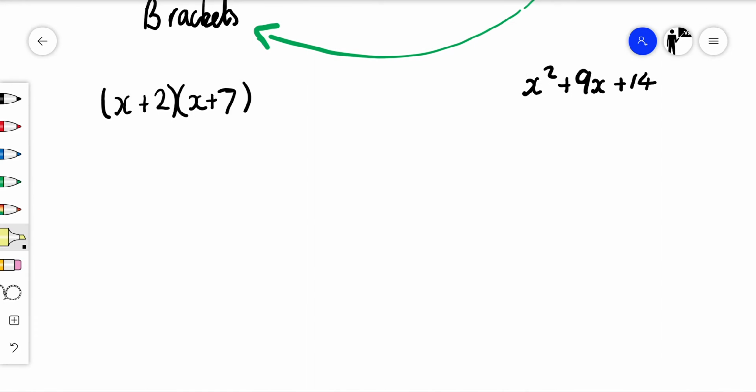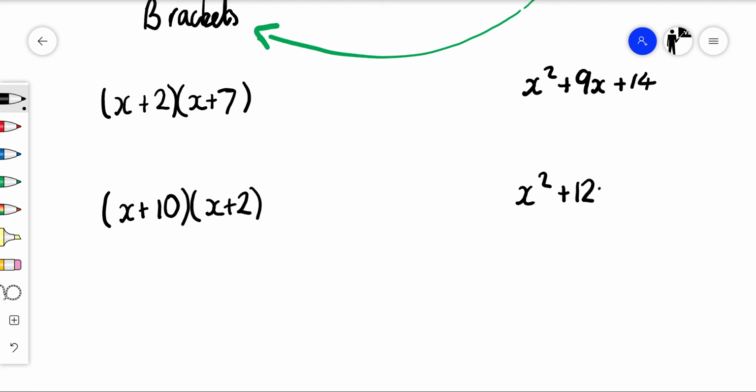Let's just choose another few examples. Let's go x plus 10, x plus 2. Well, if we were to multiply this out, x times x is x squared, x times 2 is 2x, plus 10x, so that's going to be plus 12x, and then 10 times 2 is 20.